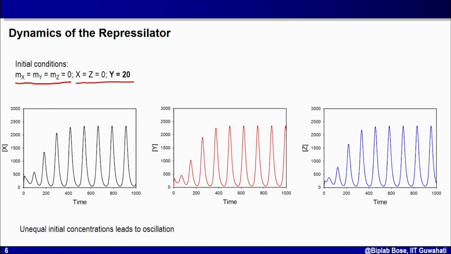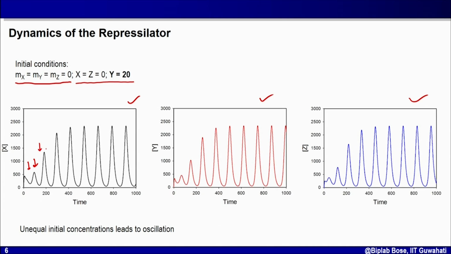Now if you simulate the thing, you can see an interesting behavior. Here x, y and z, they do not reach a steady state, rather they show oscillation. And the oscillation also has some interesting features. Initially, if you look at near 0 to 200, the amplitude of oscillation is smaller.